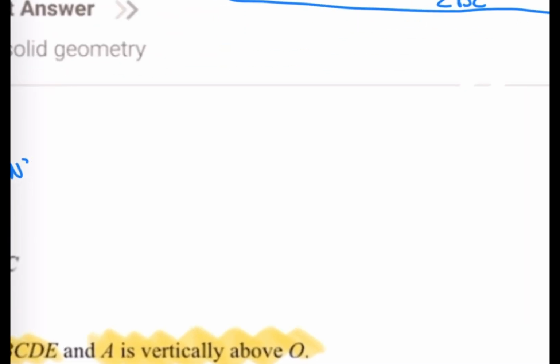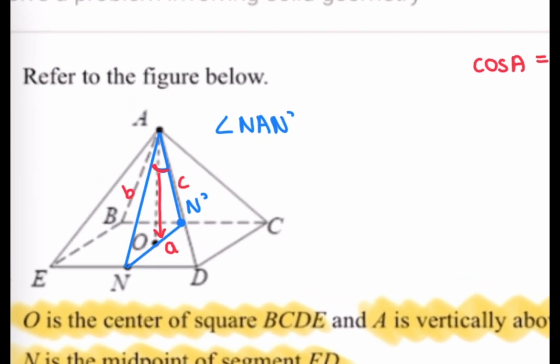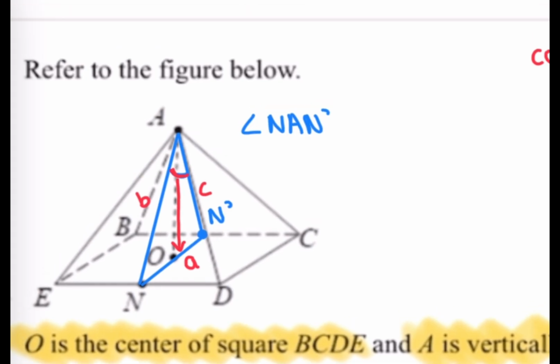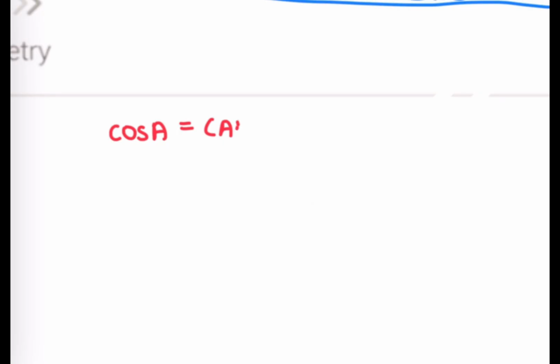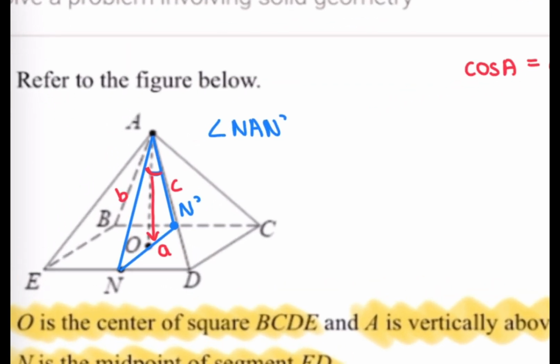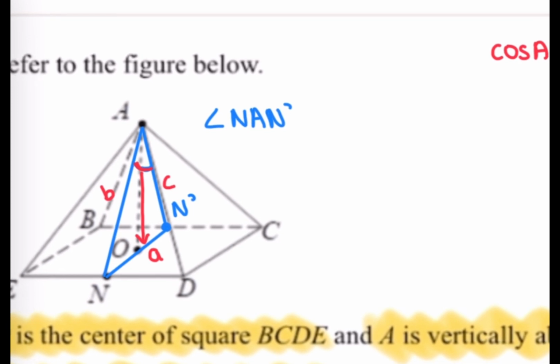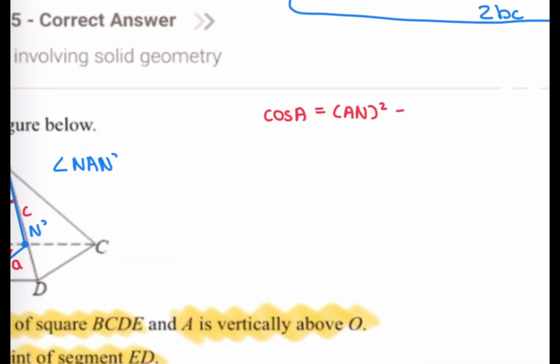So cos A is equal to B squared, so that's AN squared, plus C squared, so that's AN prime squared.